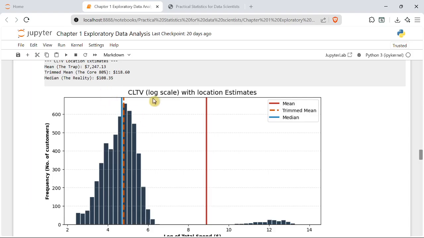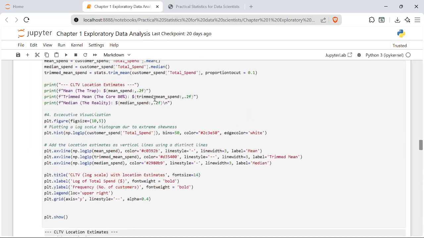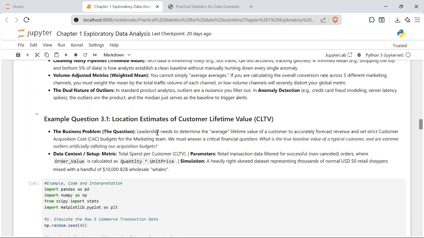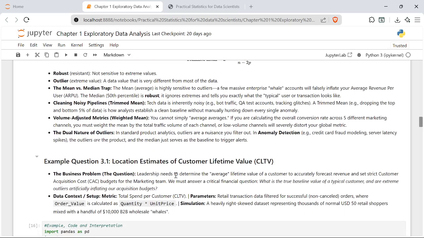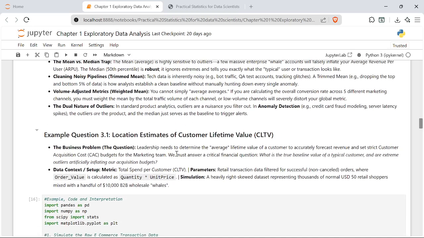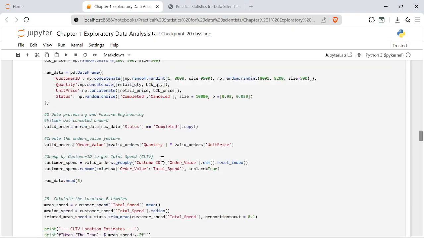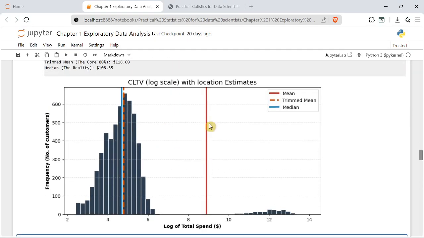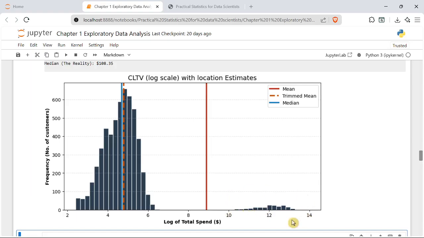Okay, so the final output of this exercise was that we must not only look towards the mean for getting any data, because some outliers and big customers who spend a lot of money compared to normal users can heavily skew the data.